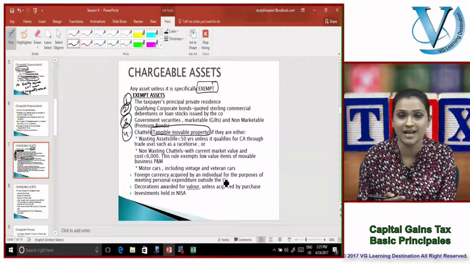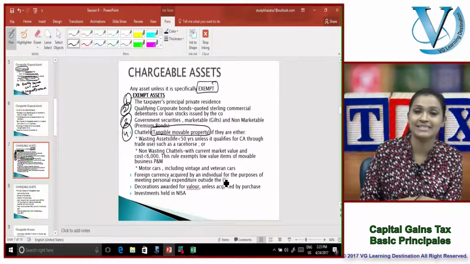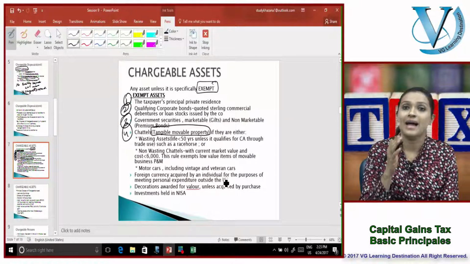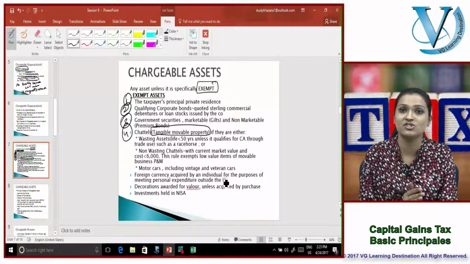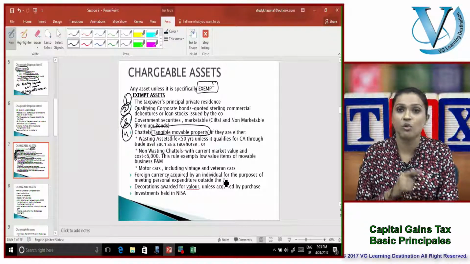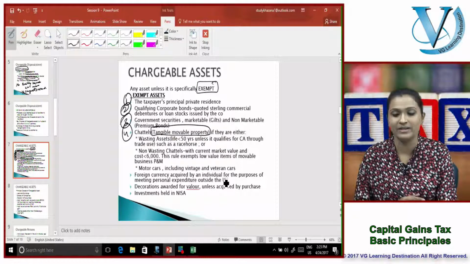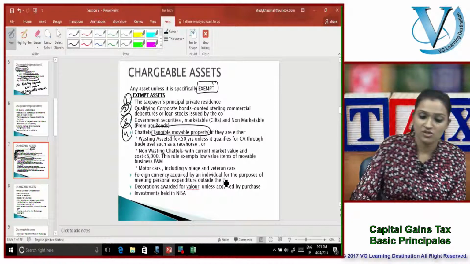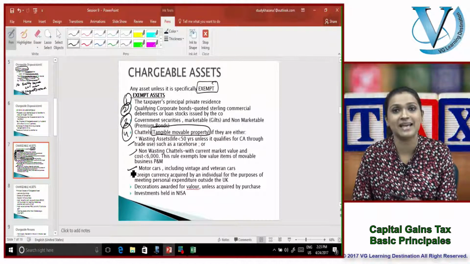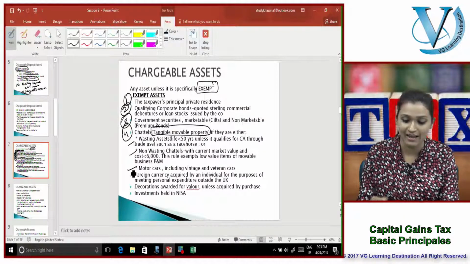So it would be considered a non-wasting asset of less than 6,000 pounds of value, so an exempt asset from CGT liability. Also an exempt chattel is motor cars including vintage and veteran cars. So three types of chattels are exempt from any CGT liability.